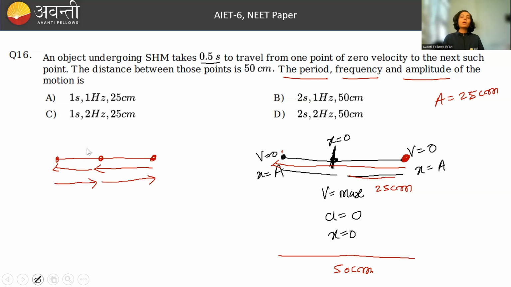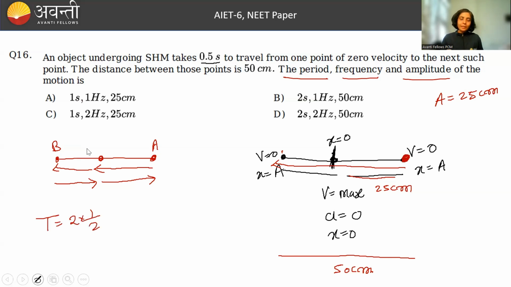This will be counted as one time period. In the question, the time to travel from A to B is half a second. So from B to A it will also be half a second, by symmetry. So the total time period will become 2 into half.